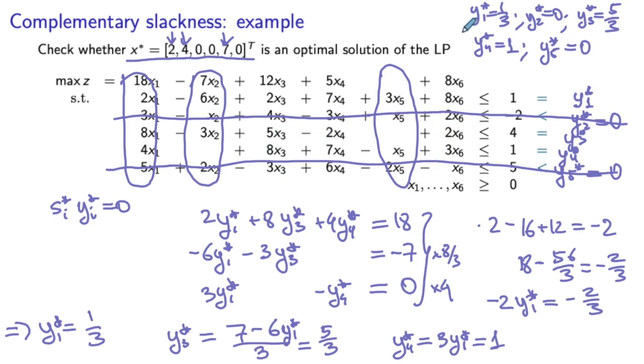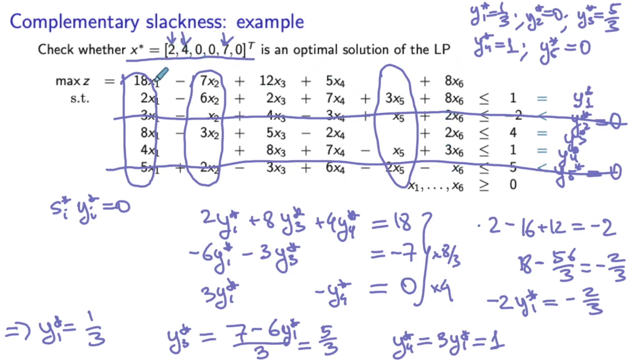So please verify that when you plug in y star into the 3rd, 4th, and 6th constraint of the dual, then all 3 constraints are satisfied. And then you also need to verify that when you plug in y star in the objective of the dual, the objective will match with that of the primal. Okay, so let's check that this is indeed the case for the objective, and then we will leave the feasibility checking for these 3 constraints as a homework.